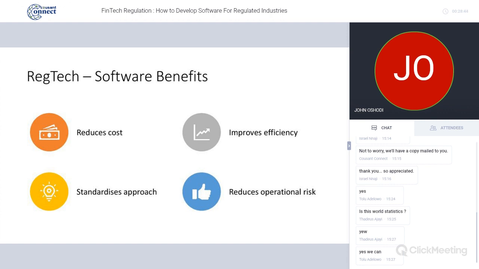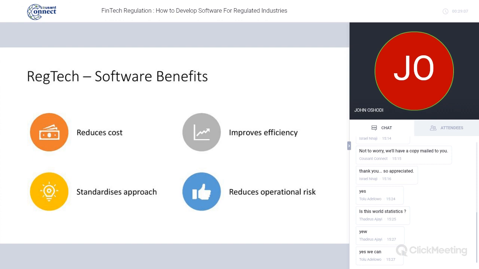If this is all digitized and computerized, then it's more efficient because software has no feelings. It doesn't have bad days or good days. It's consistent in what it does. If it does things well, it does it well consistently. If it does it badly, it does it badly consistently. At least you can get consistency. So that reduces operational risk.